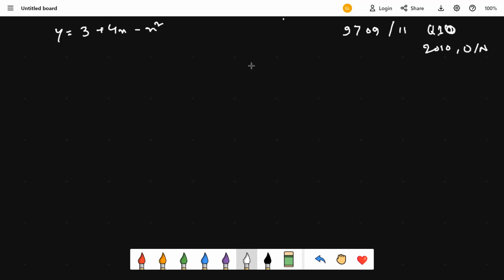The equation of the curve is given as y equals 3 plus 4x minus x squared, okay?